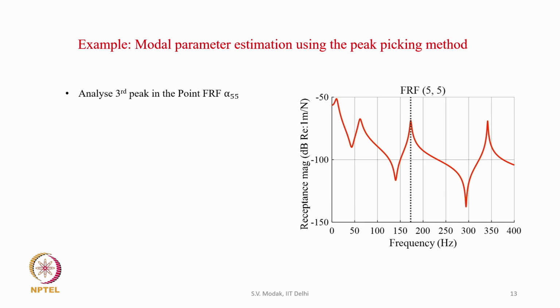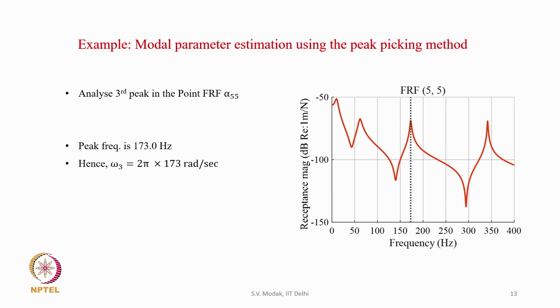We can see it is a point FRF, that is why between every two successive resonances there is an anti-resonance frequency. Now we first determine the natural frequency. We look at the peak magnitude for the third peak, and we determine the frequency corresponding to that peak magnitude. That frequency is nothing but the natural frequency.